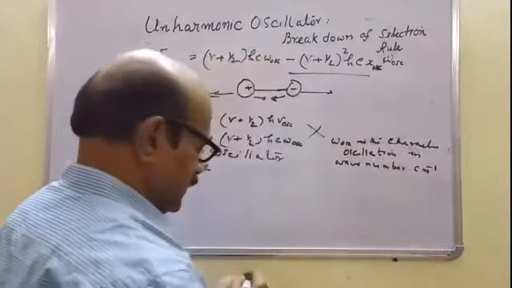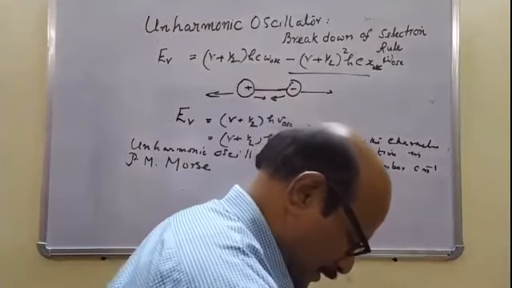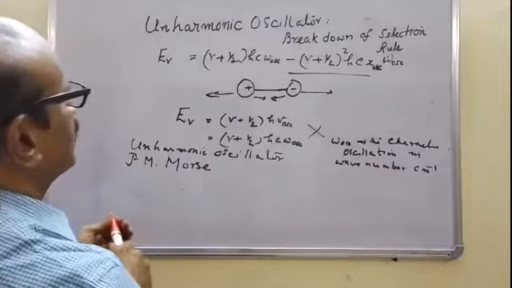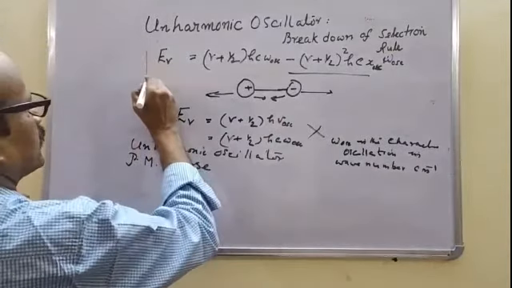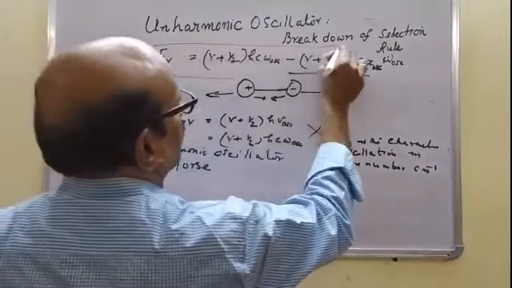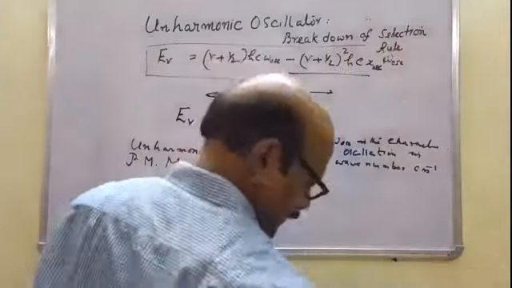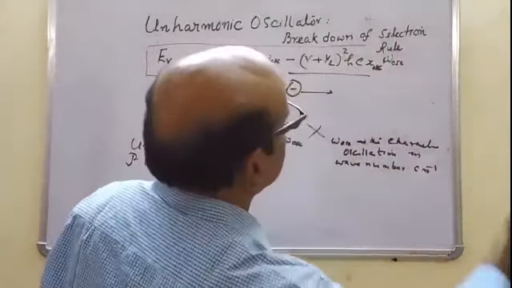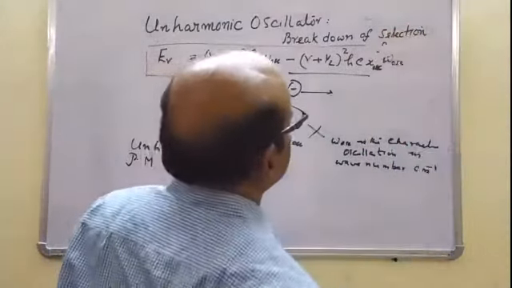And this equation is the Morse equation for an unharmonic oscillator, suggested by Morse to account for the unharmonic oscillation.